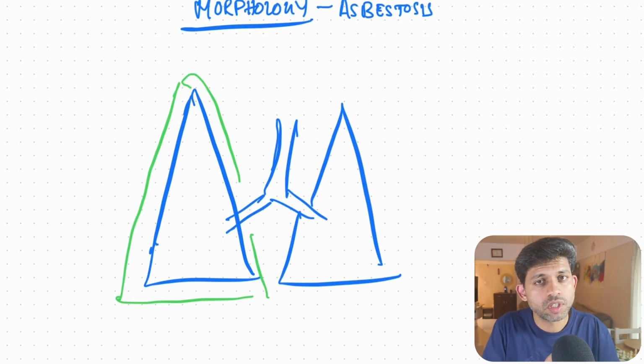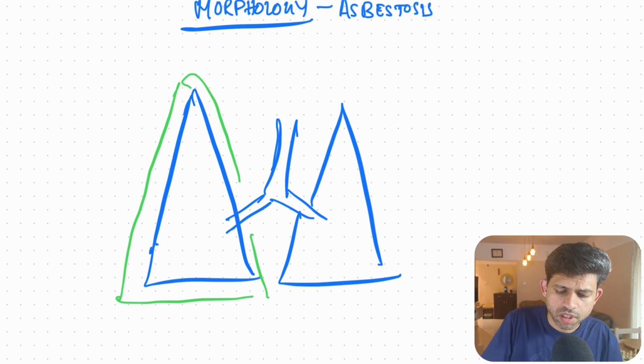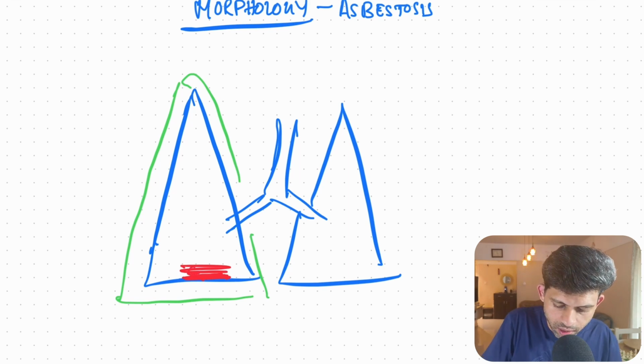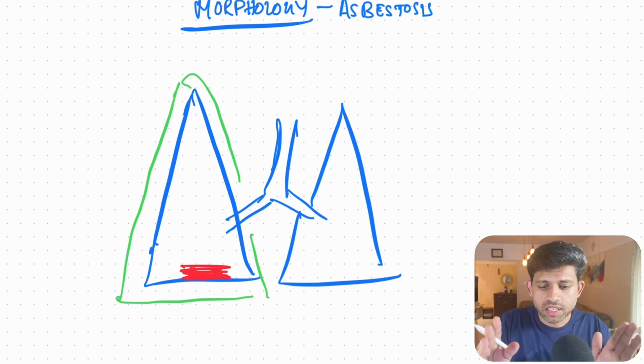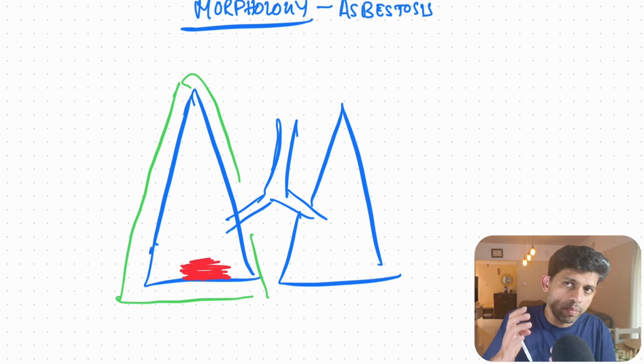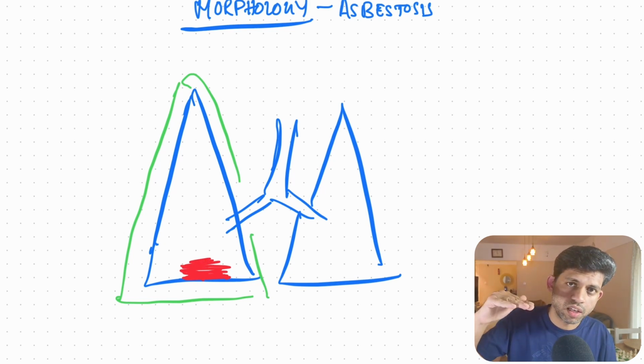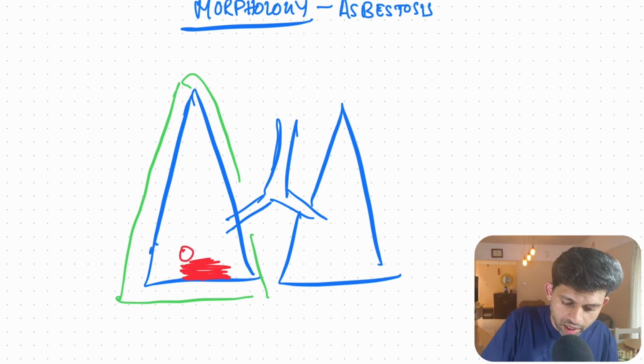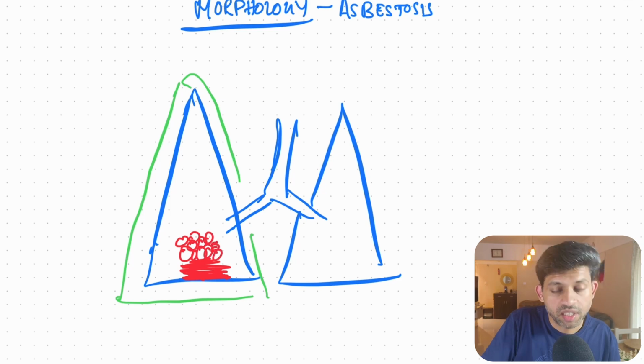Now let's look at the morphology of asbestosis. Asbestosis begins at the lower part of the lung, usually in the subpleural region. In contrast, silicosis and coal workers pneumoconiosis occur at the upper parts of the lung. Here, diffuse interstitial fibrosis occurs, and because of fibrosis, the architecture of the lung is distorted. So, large air-filled areas can occur, which when combined together gives a honeycomb appearance.